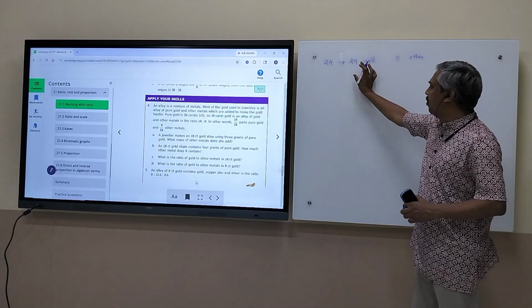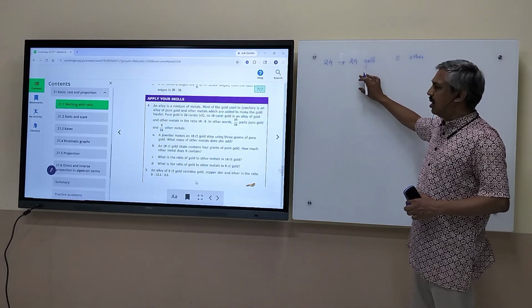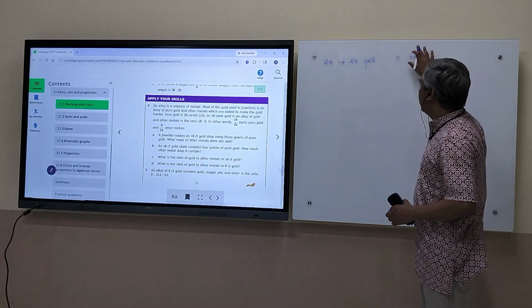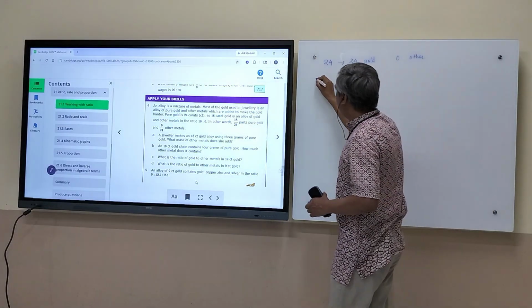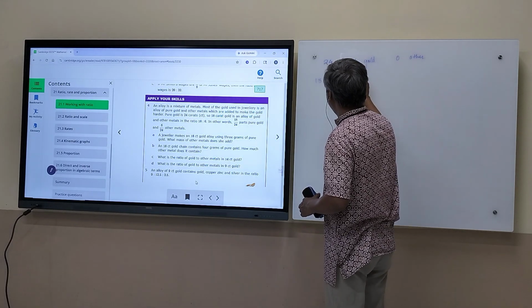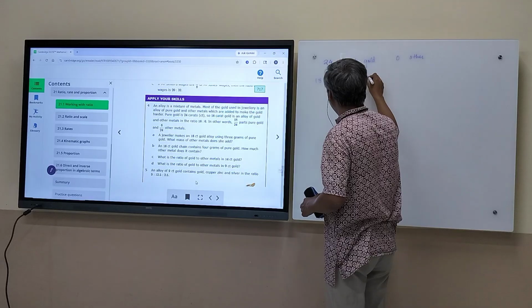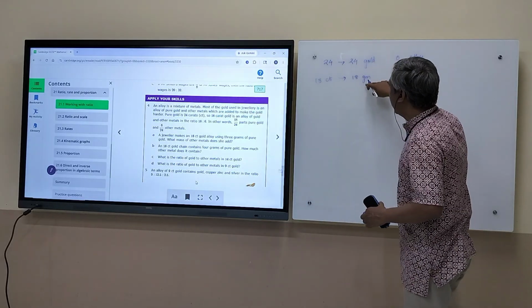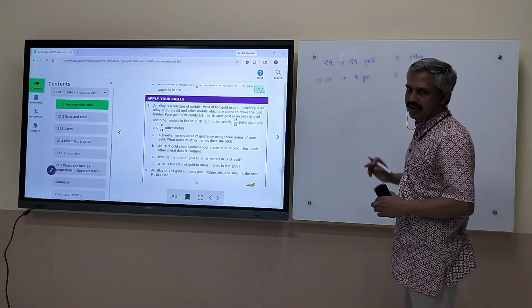In 24 gram of 24 karat gold, the quantity of gold is 24 gram and 0 grams of others. But if you are talking about 18 karat gold, then this will be 18 gram of gold and 6 gram of other.